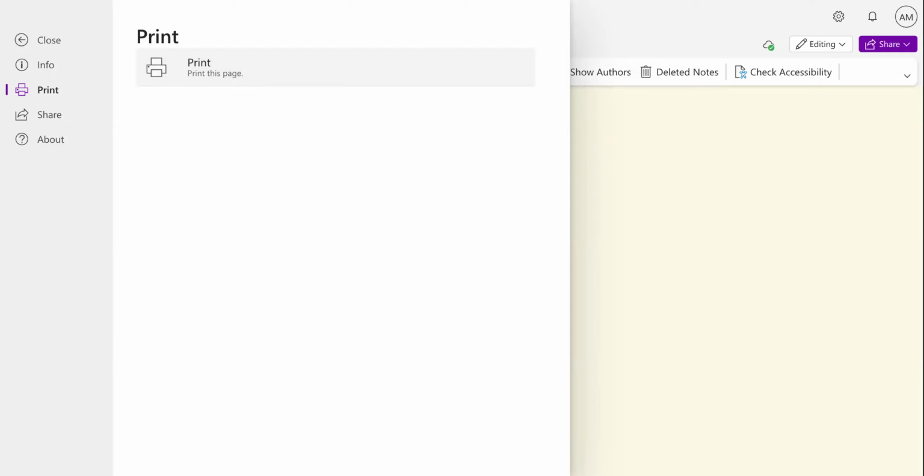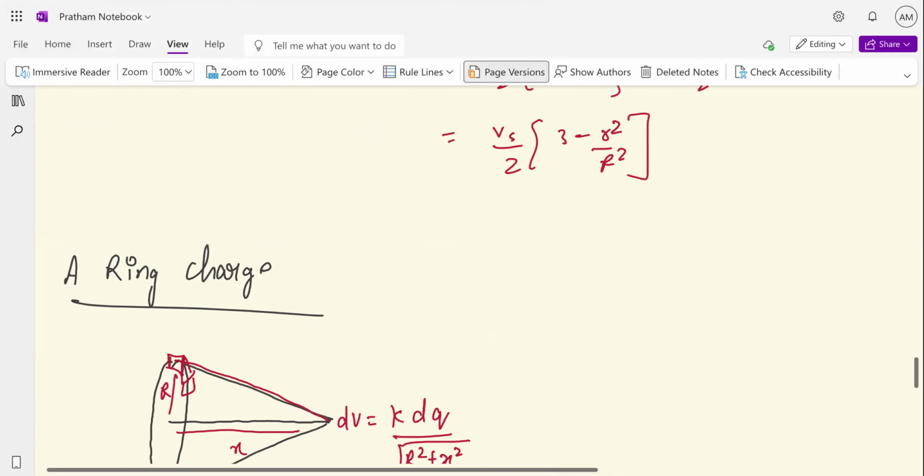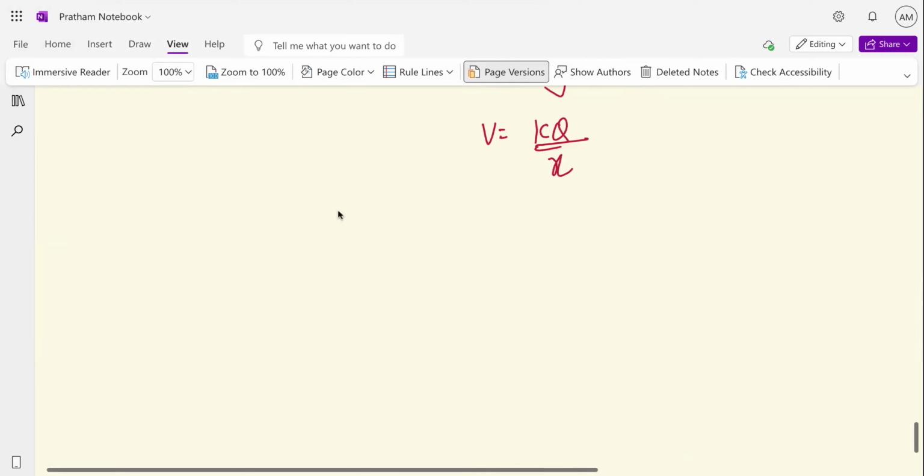Now what happened, sir? Nothing. I was just checking because I have to share it, so I was checking whether we will get clear pages or not. Okay, now it's fine.